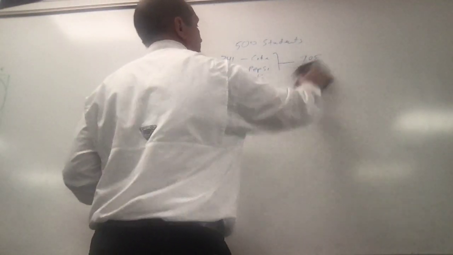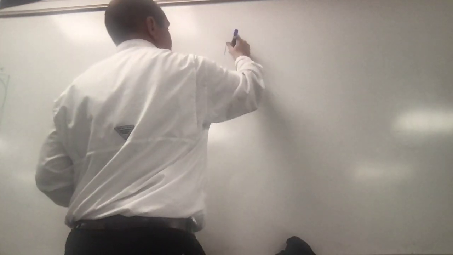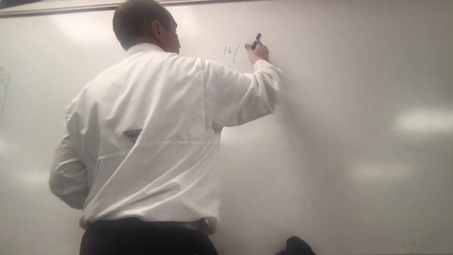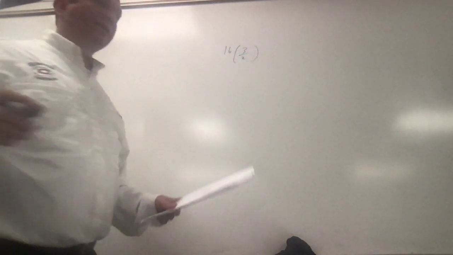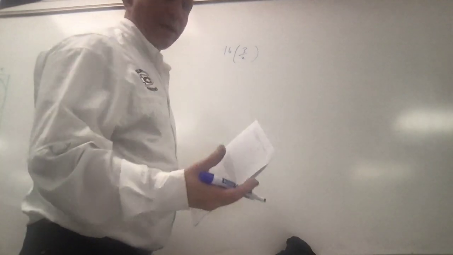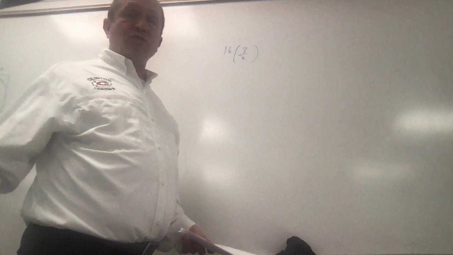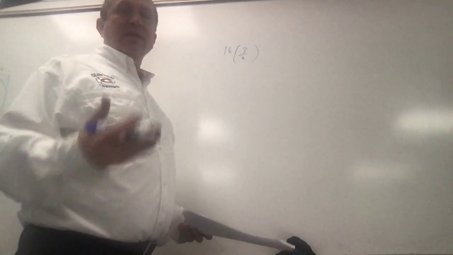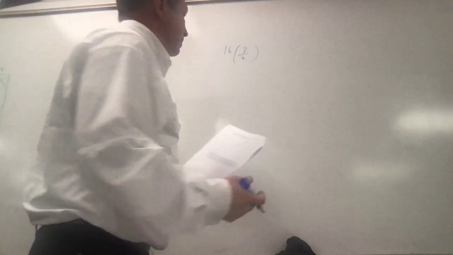Well, we're going to do a little bit of working backwards. We know what we ended up with. We ended up with 16. So we multiply that by 3/2. Because if we start off at the beginning, each child is leaving behind 2/3. So essentially we're taking 16 and dividing it by 2/3, which is the same thing as multiplying by 3/2.